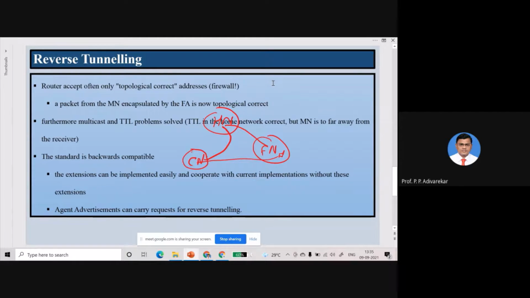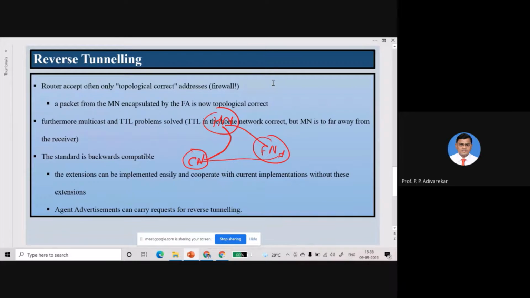So the home agent understands that this packet has come only within the distance of one hop from the mobile node. It is the correct TTL, so you don't have to change any TTL, and packets can still be delivered to the destination. This is how reverse tunneling can solve the issues of firewall, TTL, and multicasting in mobile IP.